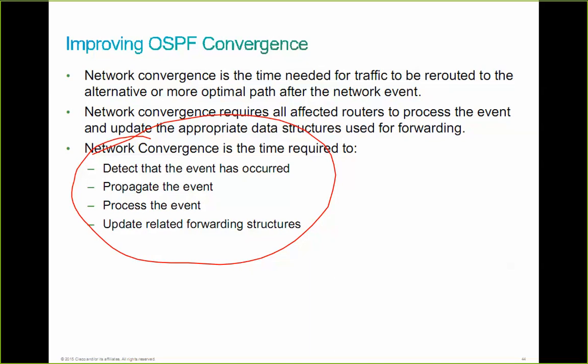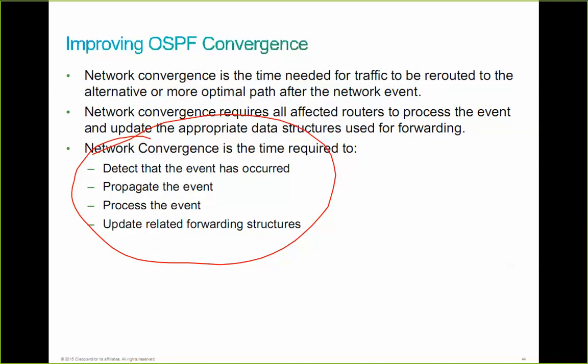Those are generally the three data structures that we talk about when we talk about BGP and IS-IS and EIGRP and OSPF. Once the event is propagated, we start the processing by running the routing algorithm. The routing algorithm needs to be invoked to calculate updated best paths or to calculate our new topology.